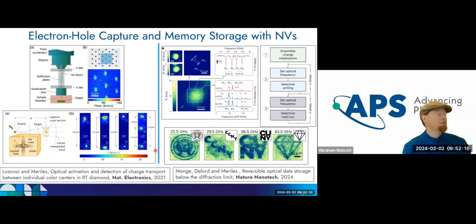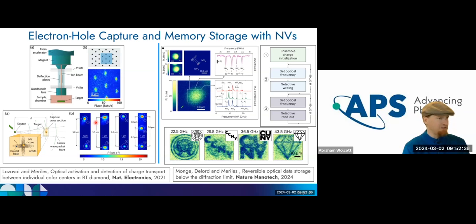For today's talk, we also want to highlight some past work in electron hole capture and memory storage. On the left-hand side, well-positioned single NVs, 10 microns inside of a diamond slab, were produced through irradiation and interrogated optically.